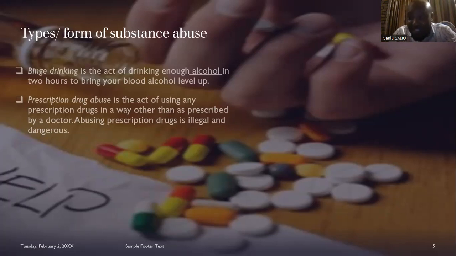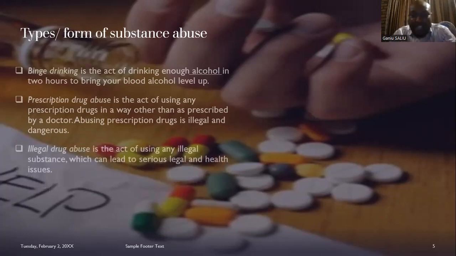The last but not the least is called illegal drug abuse. Illegal drug abuse is the act of using any illegal substance, which can lead to serious legal and health issues. Example: who can give me an example of an illegal substance here? Something that the government is not in support of. Yawupi.